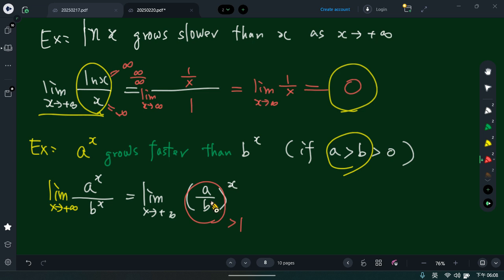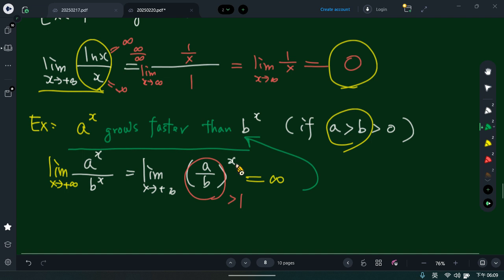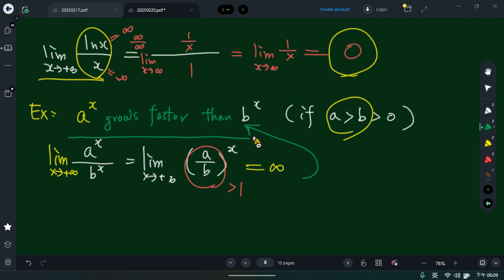If the base is larger than 1, when you use it as a base to the power of x, as x is approaching positive infinity, the result is positive infinity. So we can conclude: a to the power of x grows faster than b to the power of x.